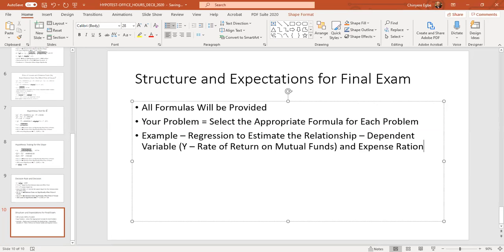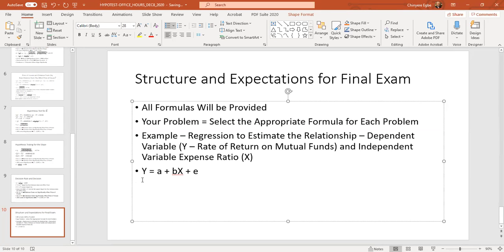The independent variable here is the expense ratio. So our model will be y equal to a plus b times x plus e. All right.